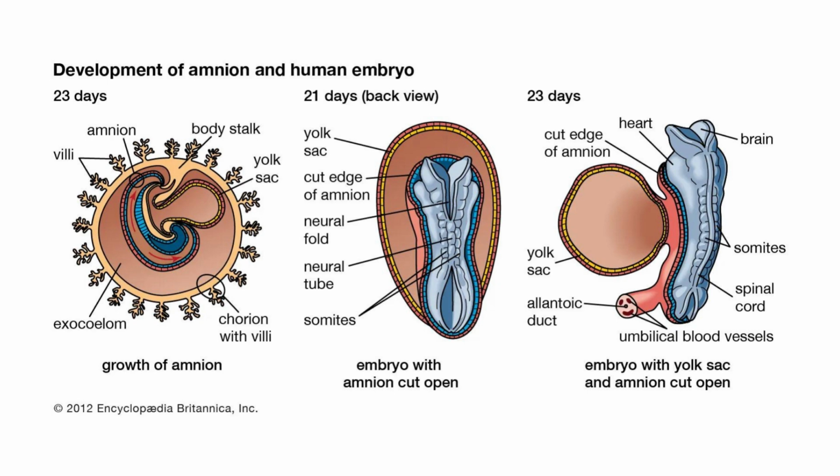The amnion becomes a tough, transparent, non-vascular membrane that gradually fills the chorionic sac and then fuses with it.